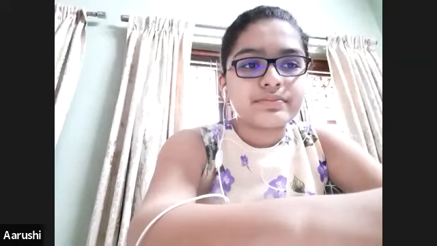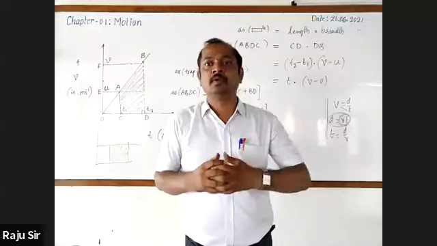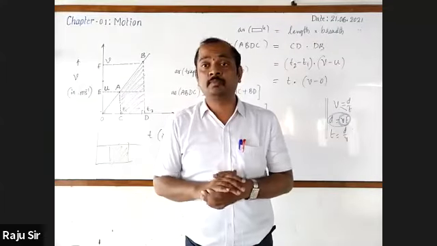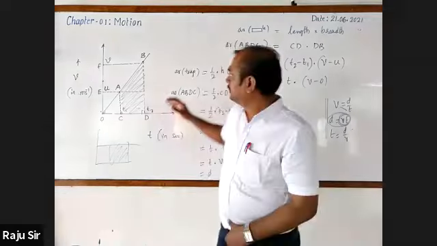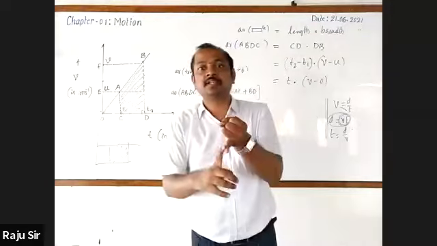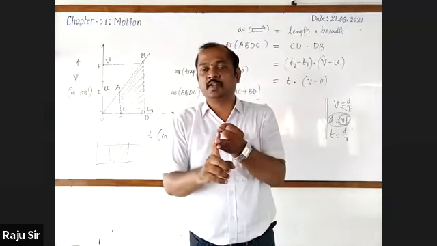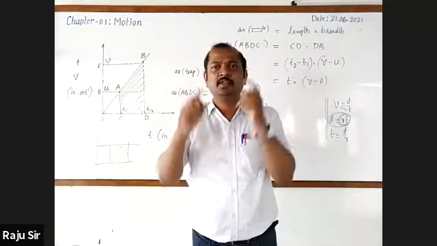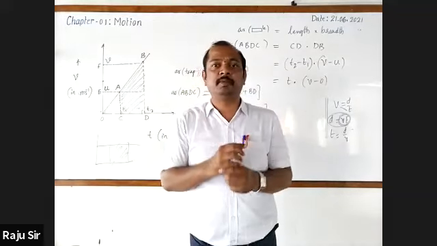And today, whatever numerical problems we have solved, please work them out without fail. I'll give you these two: area under the VT graph of constant velocity and uniform acceleration. In the worksheet, I'll give you those questions.